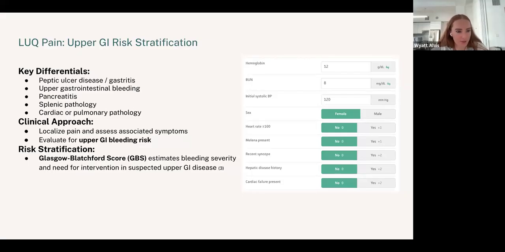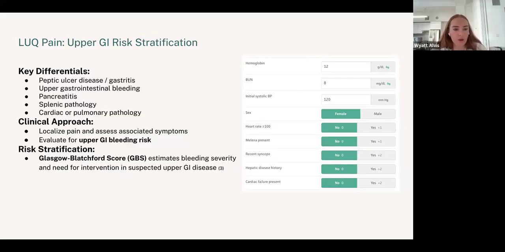So, starting in the left upper quadrant, I thought we'd start there. This is where we commonly think about processes like peptic ulcer disease or gastritis, any upper GI bleeding, pancreatitis as well, any splenic pathology, which might come from trauma, which would be a little bit different, but still something we'd want to consider.